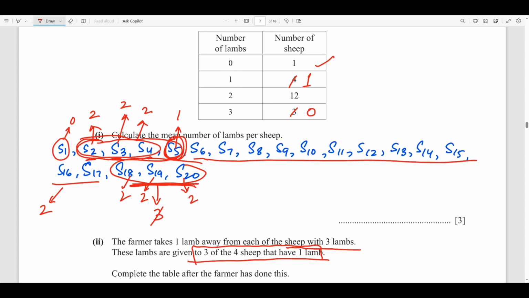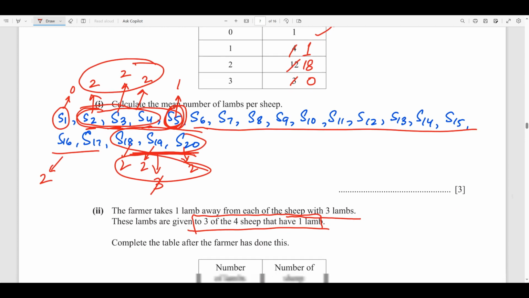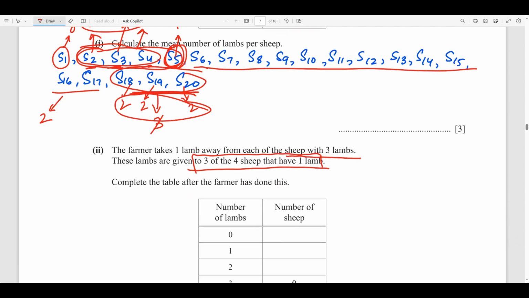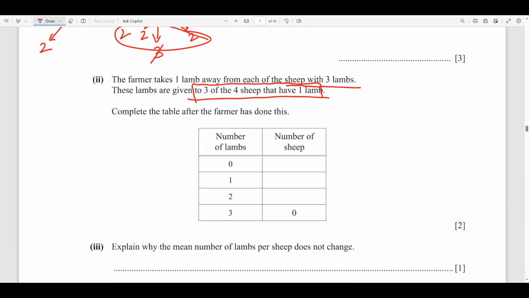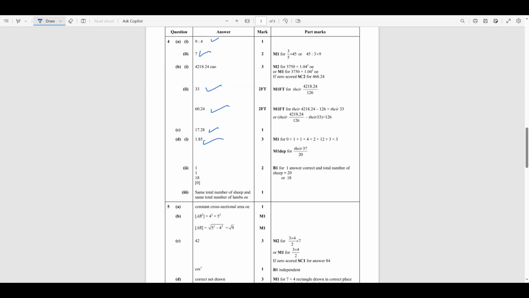And now the number of sheep that have 2 lambs: previously it was 12, and now there are 3 more added here and 3 more added here. So 6 more, that turns out to be 18. So let's complete the table: 1, 1, 18 and 0, right?